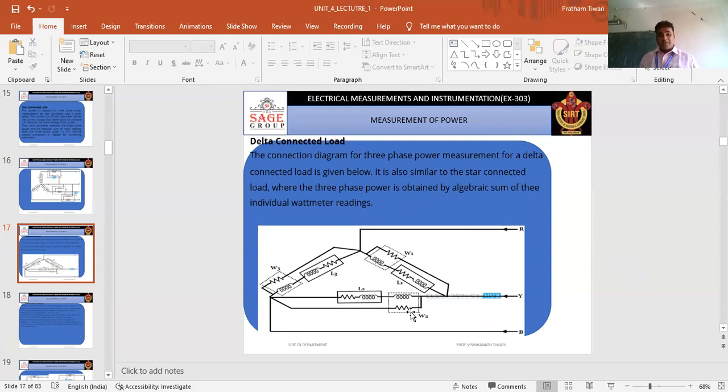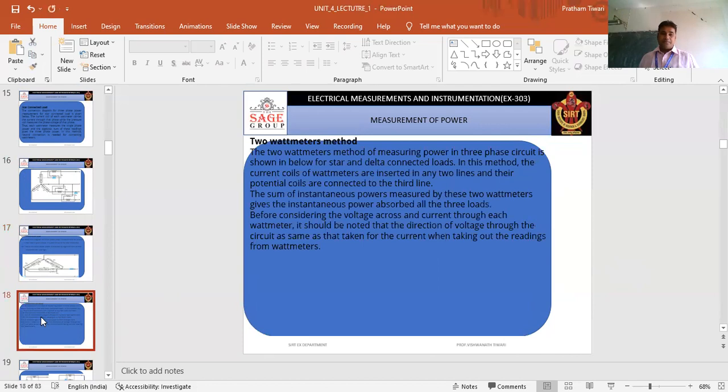This is wattmeter 1, this is wattmeter 2, this is wattmeter 3, and these are the lines R, Y, and B. If the load is balanced, then we can directly multiply by 3 any one wattmeter reading, W1, W2, or W3, and then we can obtain the three-phase power.